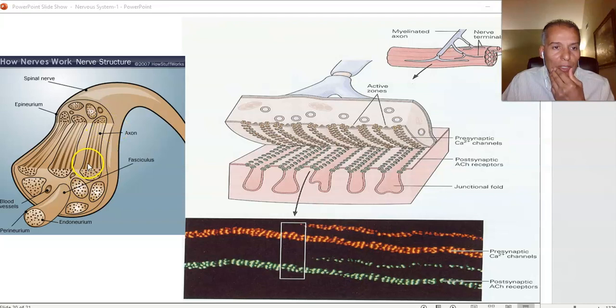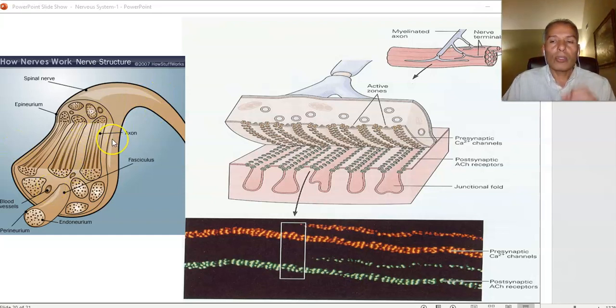It comes and you have bundles and bundles of axons. These axons specialize in the same function. This could be, for example, a nerve like the auditory nerve. So all these axons are bundled together into that cable, and with them you need nutrition, so you have little blood vessels coming through.